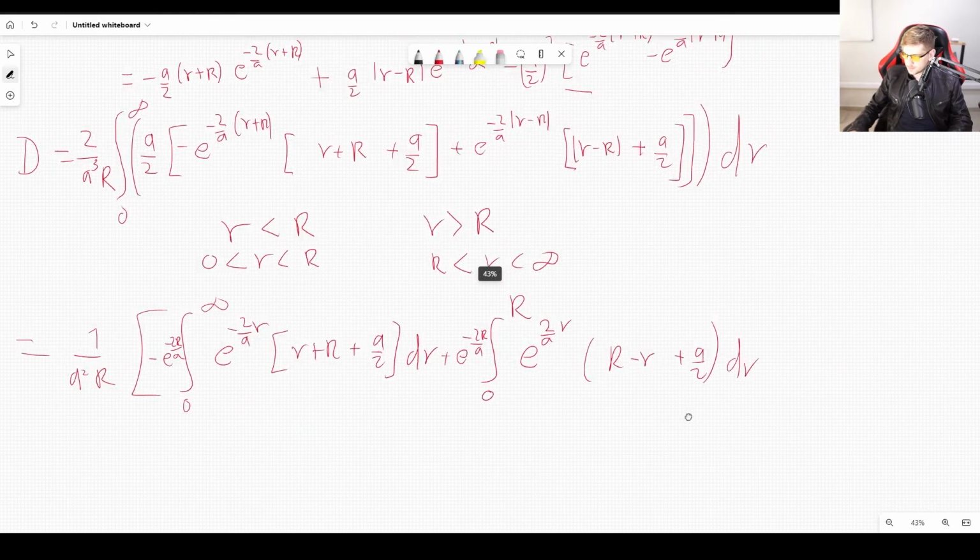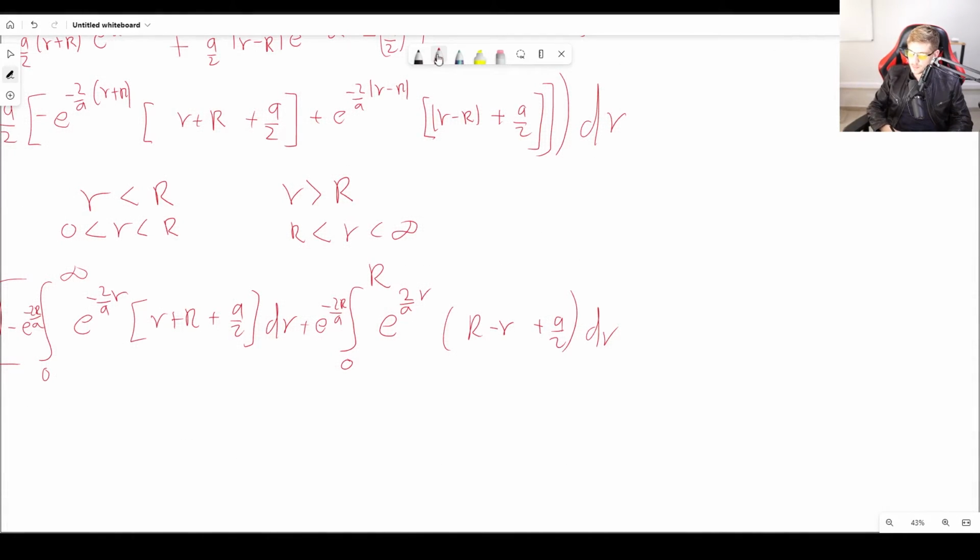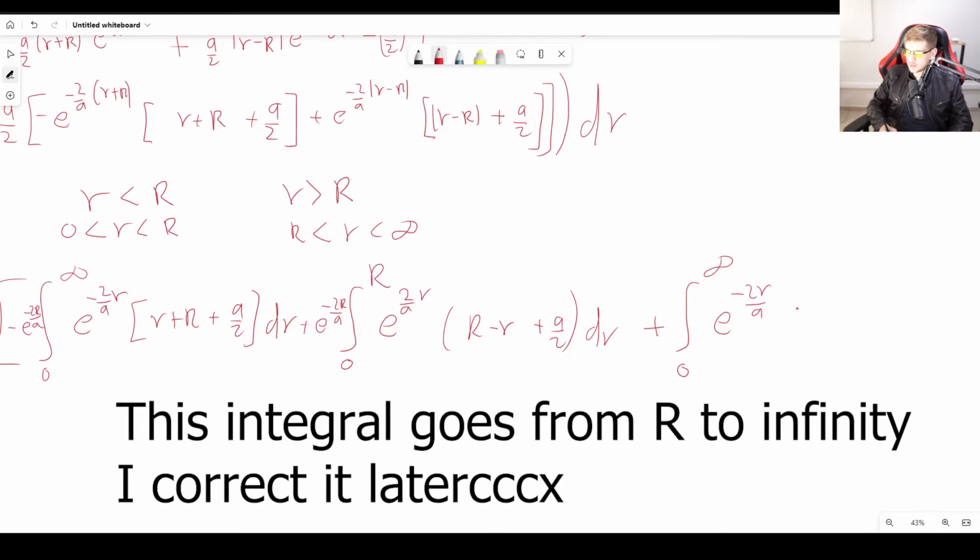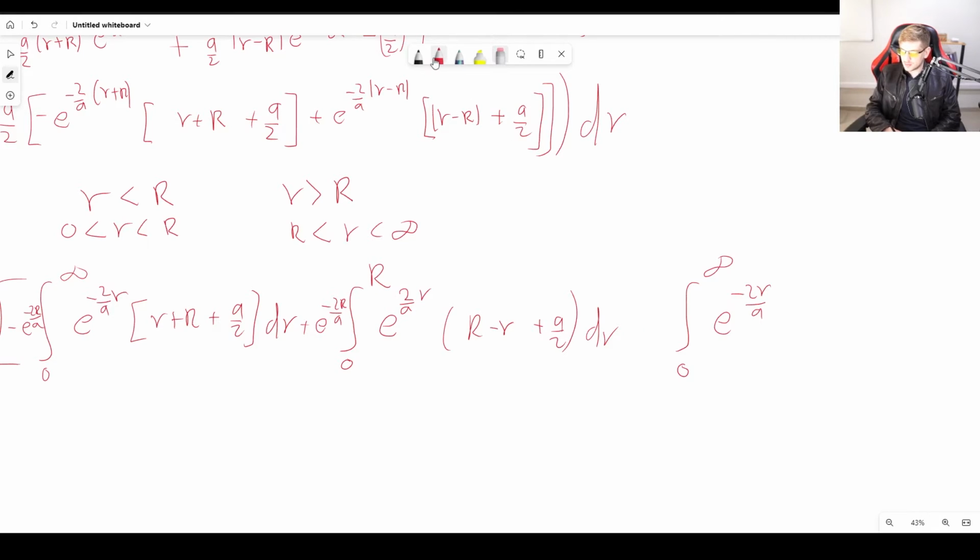Okay, and finally, we do the other part of the integral, the one that goes from big R to infinity. And in this case, we leave it as it is: e to the minus 2r over a times e to the 2r over a. But of course, this time it is positive in sign. So we take the exponent out, plus e to the 2r over a.